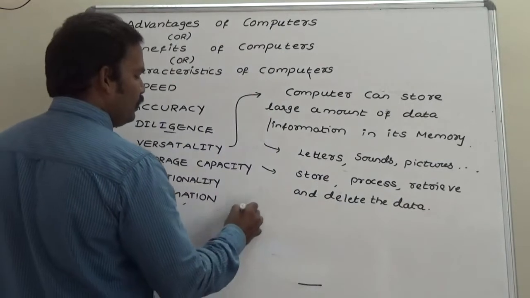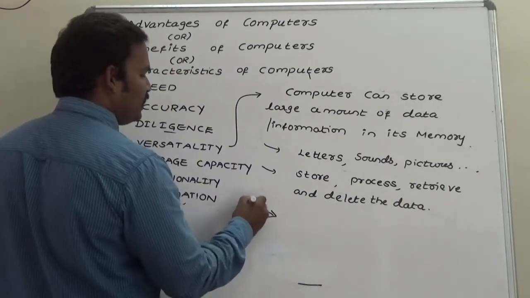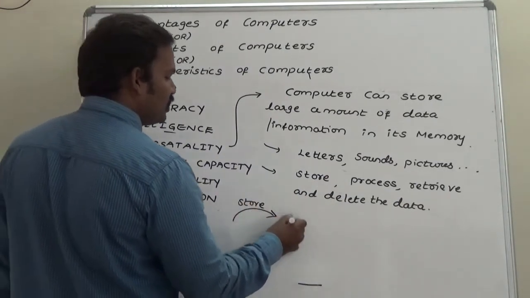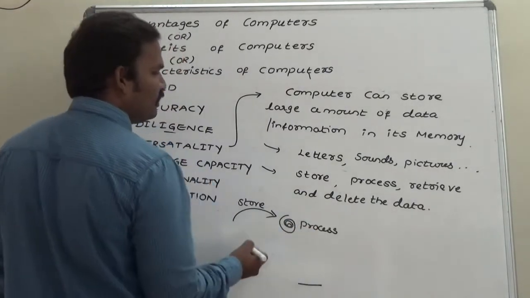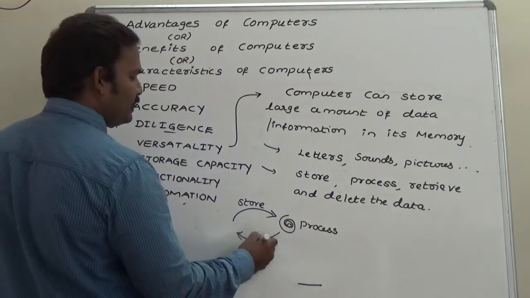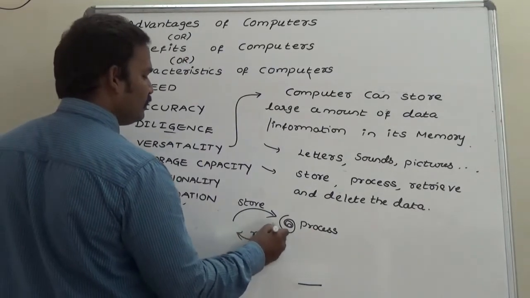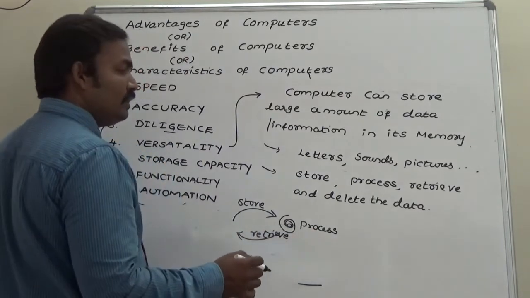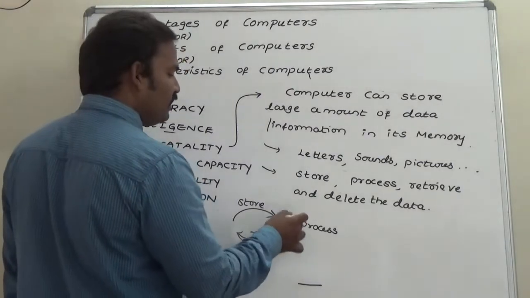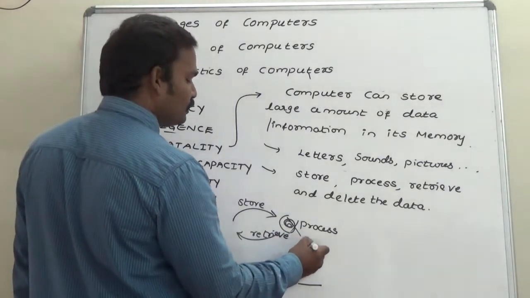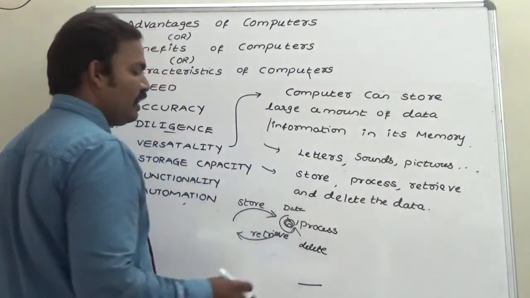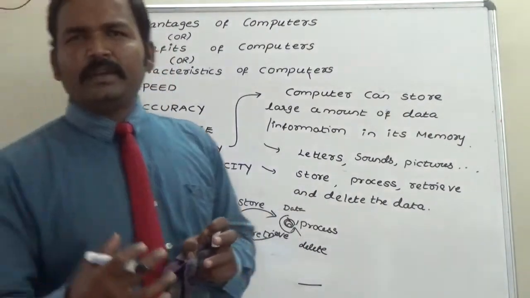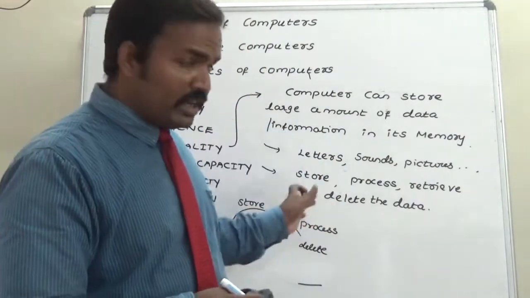We can store the data, process the data, next retrieve the data. If we don't want the data, we can delete the data also. So in a computer, we can perform all these operations.